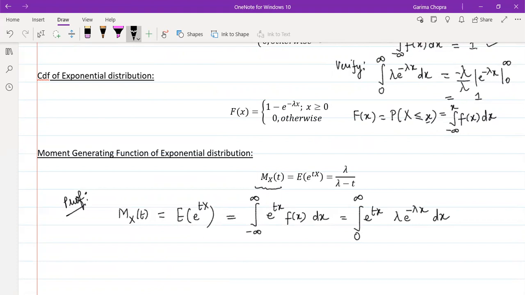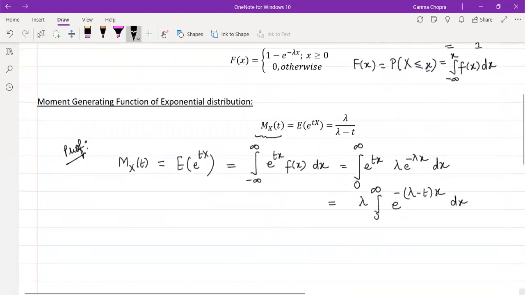And it is very easy to integrate it. Lambda is constant. Let us take it outside. And we have the limits here from 0 to infinity. Here we have e raised to power tx and e raised to power minus lambda x. So if we take minus x common, then we will be left with lambda minus t x. Now let us integrate it.